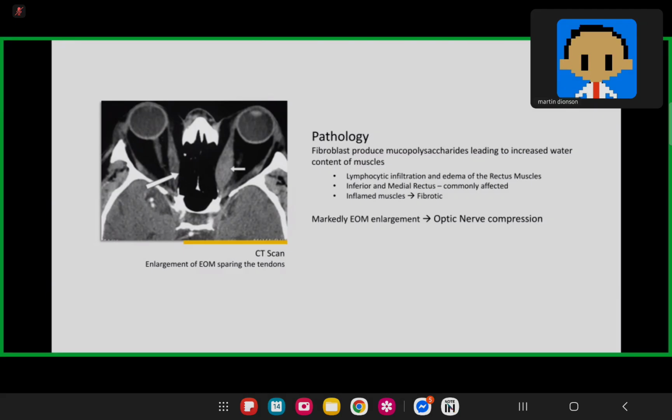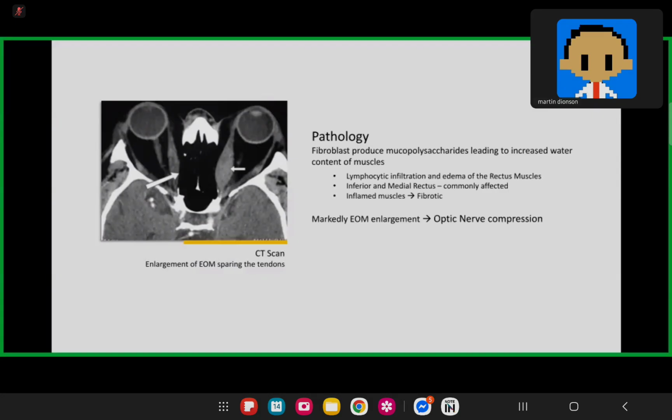Inferior rectus first, medial rectus, and then your superior rectus and lateral rectus. And the last muscles to be involved are your obliques. So I am SLO. So I'm slow. So later, when the muscles are inflamed and we don't treat it, it becomes fibrotic. So it would further lead to ocular muscle restriction.